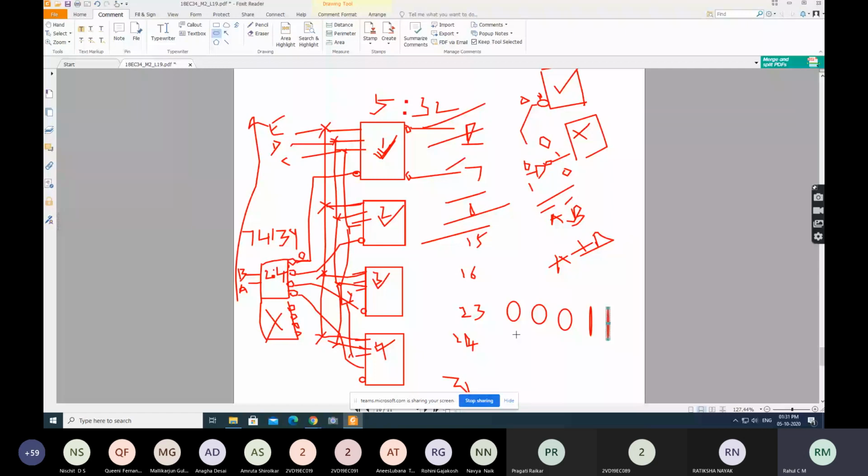This one is A, this is B, this one is C, this one is D, this one is E. Which pin will be selected for this combination of A, B, C, D, and E? Fourth.